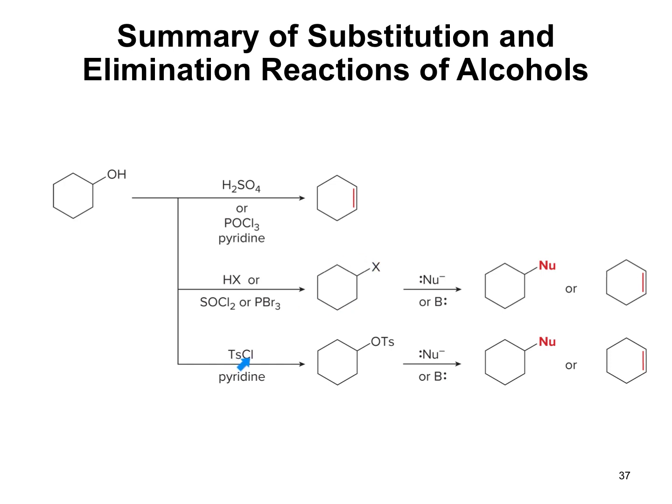We can add the tosyl chloride and get a tosylate here. Then, at this stage, we can add a nucleophile or base and go through either substitution or elimination reactions: nucleophile for substitution, base for elimination. So again, just a really great summary slide.